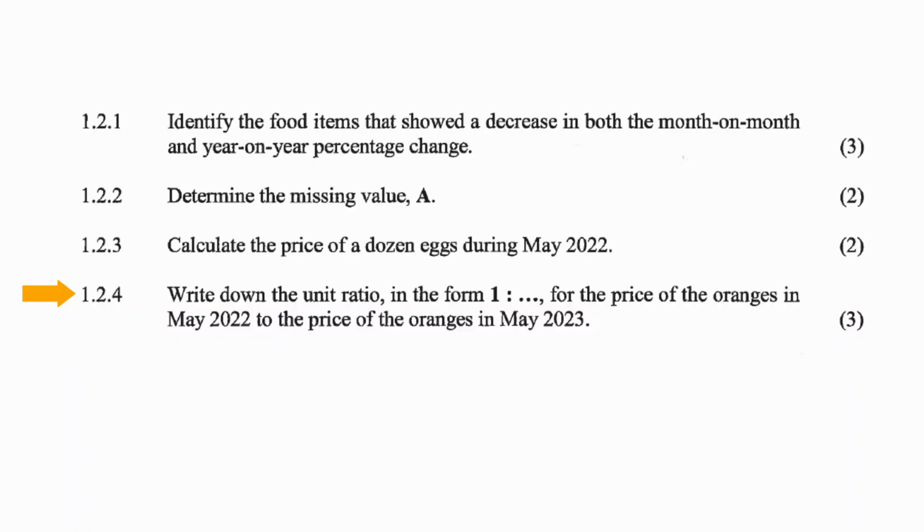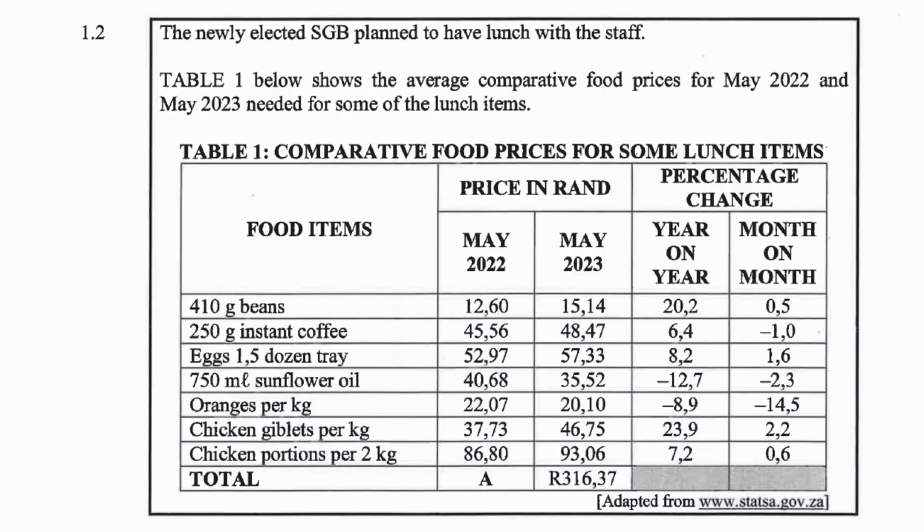In question 124, you have to write down the unit ratio in the form of 1 to a number for the price of oranges in May 2022 to the price of oranges in May 2023. Now, the price of the oranges in May 2022 is listed as R22.07, and in May 2023 it's listed as R20.10.